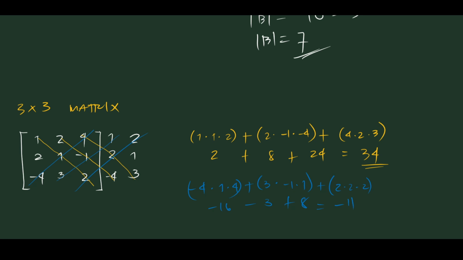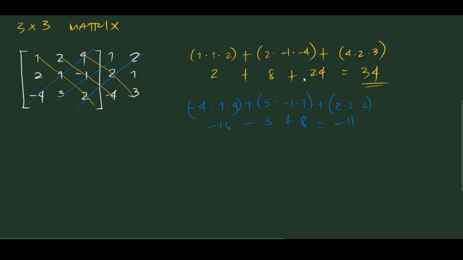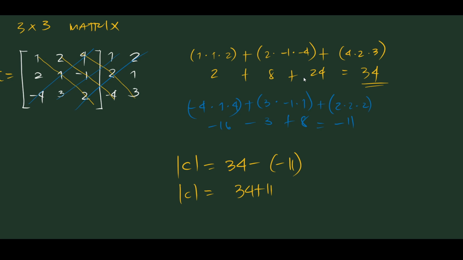What we're going to do next to find the determinant, let's say this is matrix C. To find the determinant of matrix C, we will subtract negative 11 from 34. So 34 minus negative 11. This will be 34 plus 11, which is equal to 45.